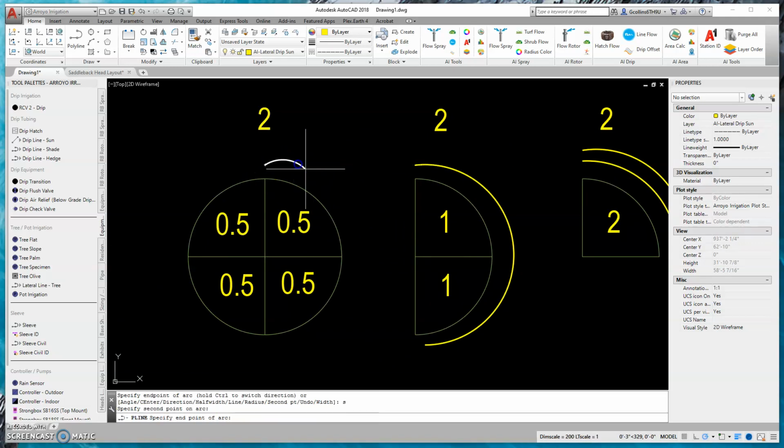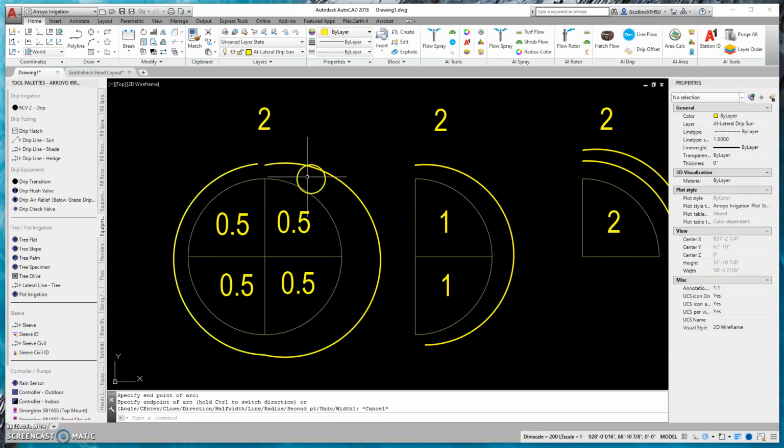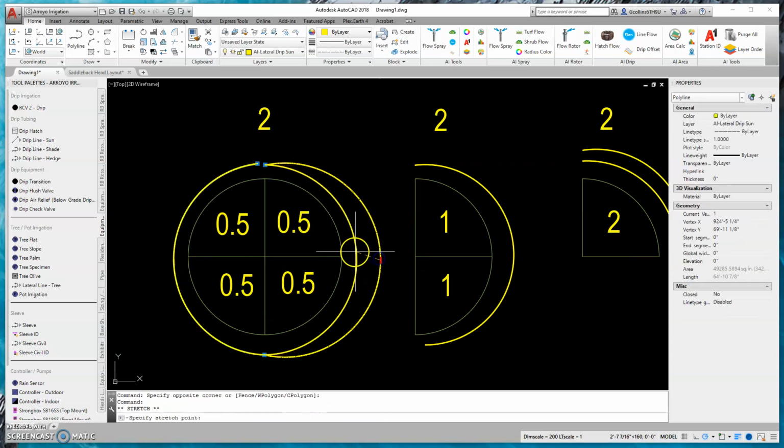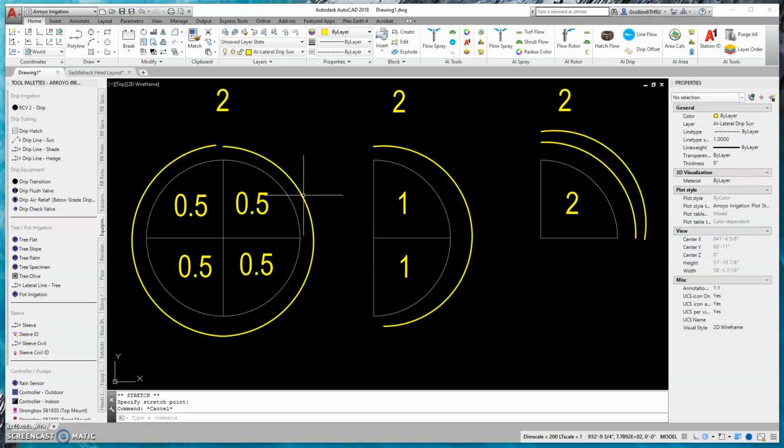So again, here we go to the fulls. It's going to come around, and now it's going to take 4 minutes: 1 minute for this quadrant, 1 minute for this quadrant, 1 minute for this quadrant, and 1 minute for this quadrant. So it took 4 minutes to go all the way around.